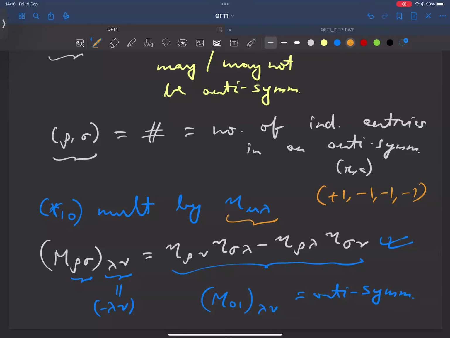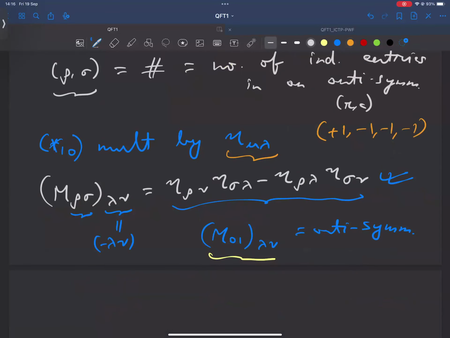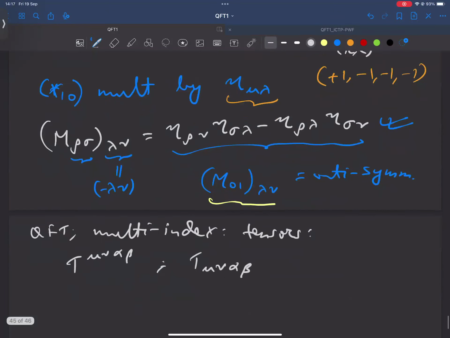So in this kind of a basis, it's antisymmetric, and that's why we learn an important lesson here: whenever you are doing QFT or any theory, and you're dealing with multi-index objects like tensors, it's best to always work with all up or all down indices.